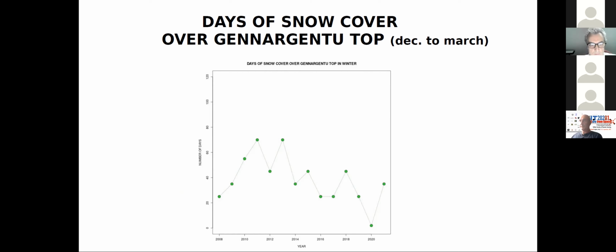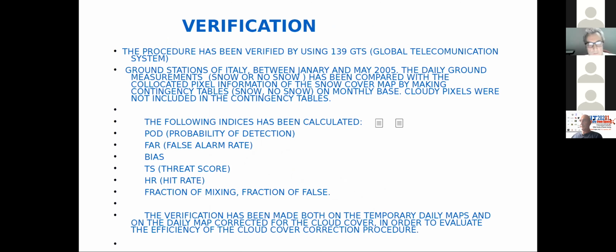Can we see the next? The procedure has been verified by using 139 ground stations, and between January and May 2005, the daily ground measurement has been compared with the collocated pixel information of the snow cover map by making contingency tables on a monthly basis.